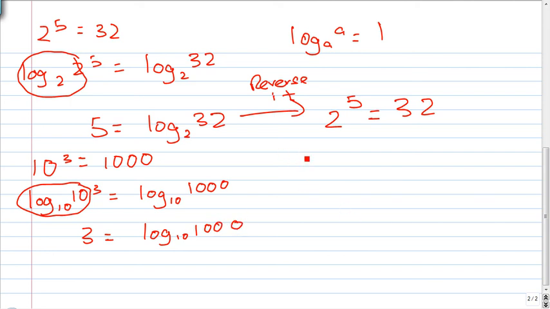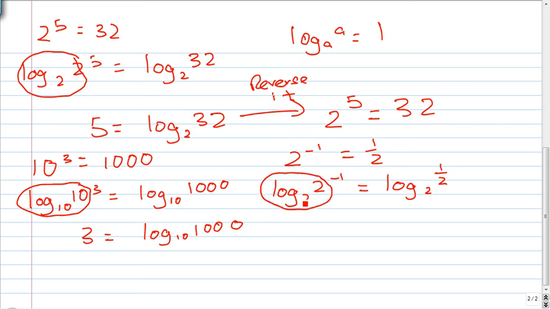Yet another example, 2 to the power of minus 1 equals half. Now I want to get rid of this, so what do I do? I attach log base 2 to both sides. Now when I attach log base 2 to both sides, this becomes 1, so I get minus 1 here.